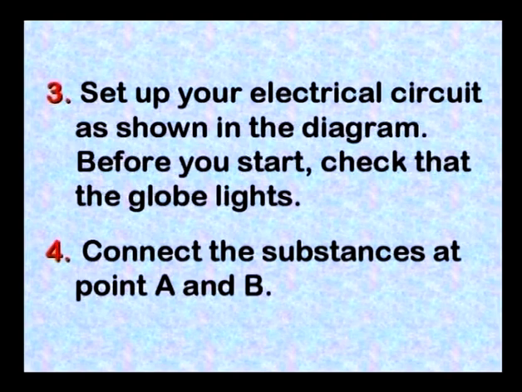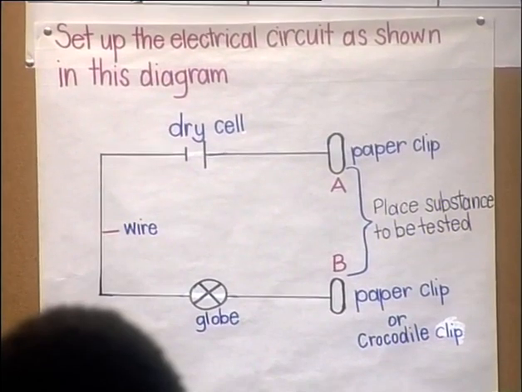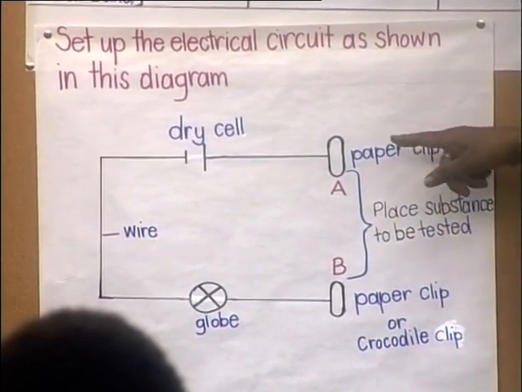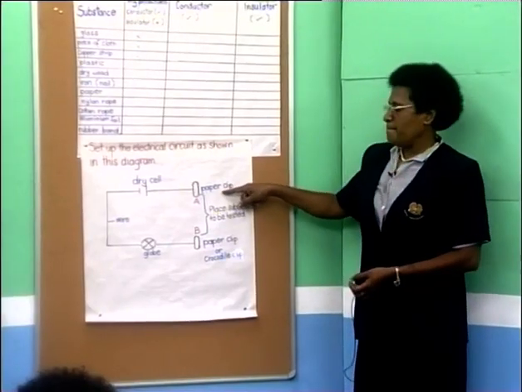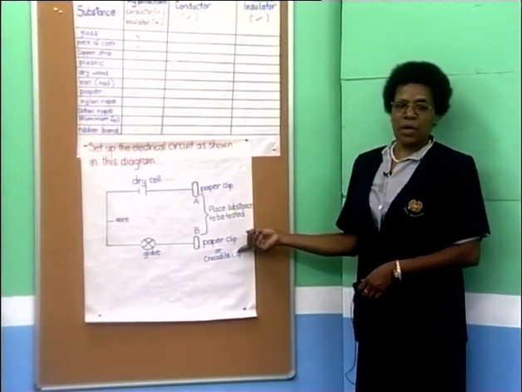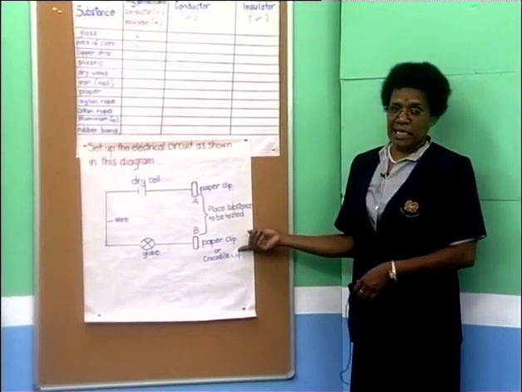Now you're going to set up a simple circuit. And that circuit that you set up must look like this. We've already seen what each of these symbols represent.